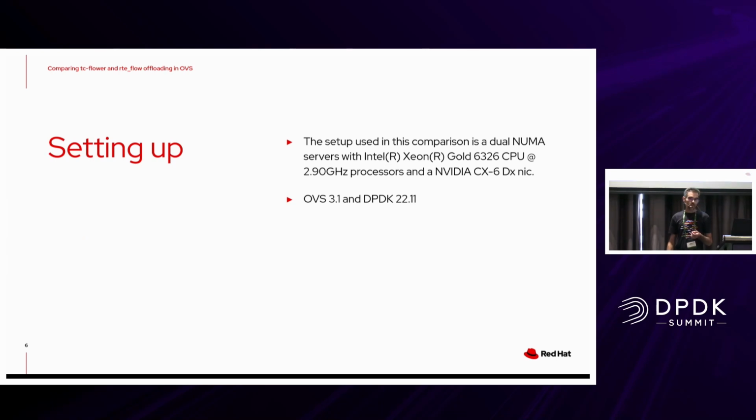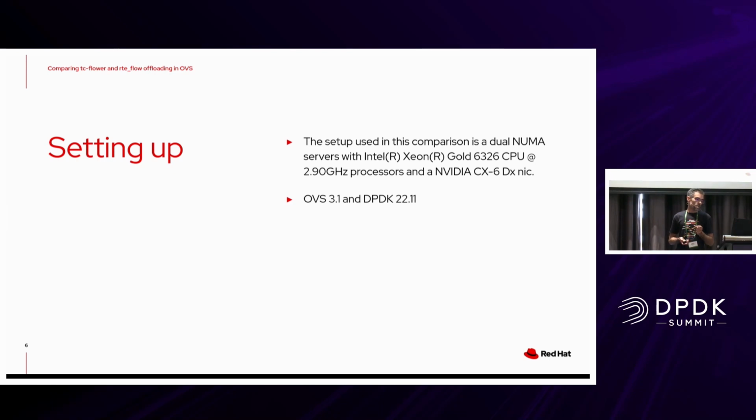I used a rather simple setup with an Intel server with a good CPU. I went with the mlx5 driver. Why this driver? Because it's the only one that has an implementation in both kernel and user space, in both TC-Flower and RTE flow.